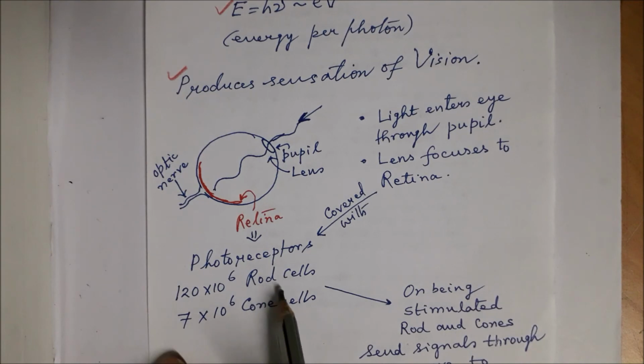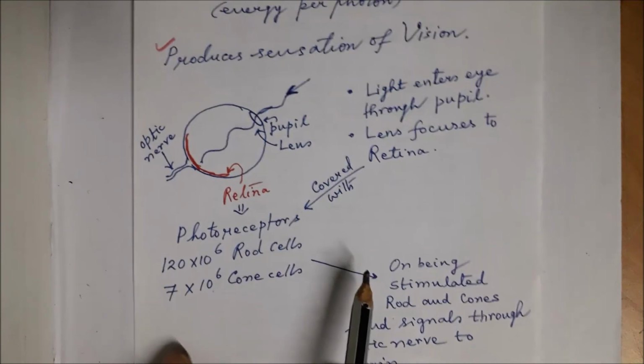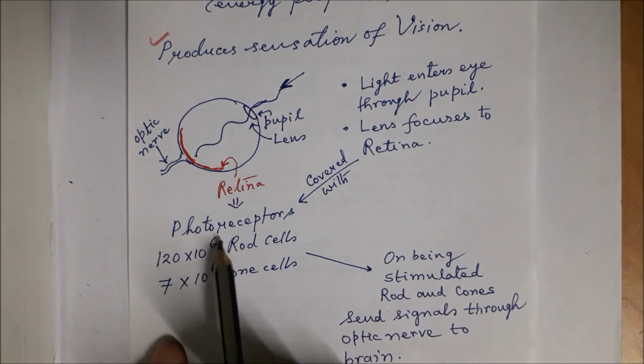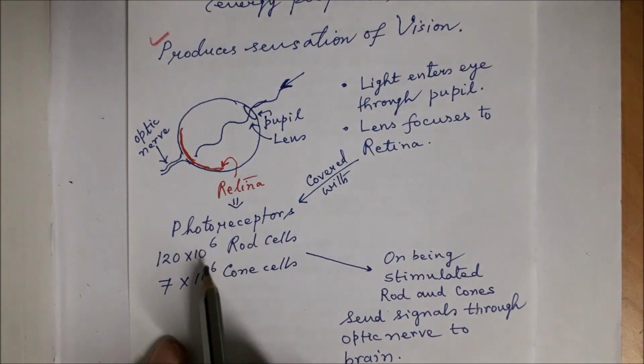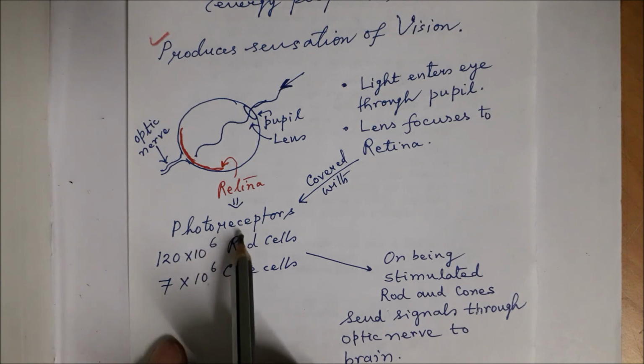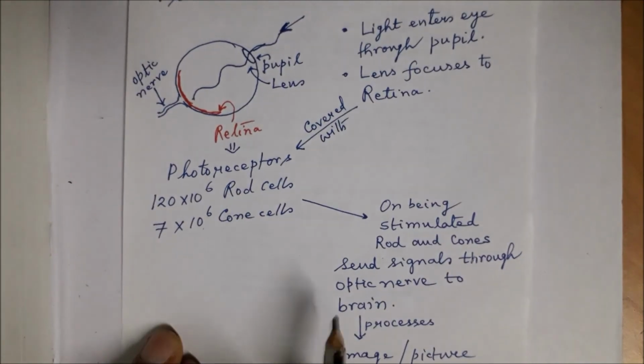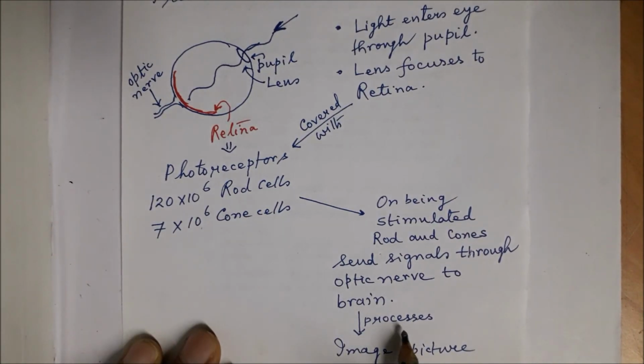One is the rod cell, and there are so many of them, 120 million, and cone cells, 7 million. The light which falls on these photoreceptors stimulates them, and they send signals to the optic nerve, which goes to the brain, and the brain processes it, and then we can see an image or picture.